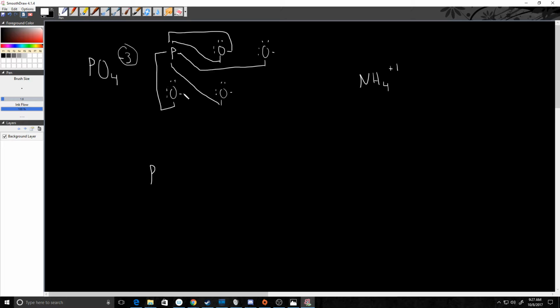So let's say I put an electron here, an electron here, and an electron here. Now these 3 oxygens look like they have 8 outer shell electrons. I'm just going to circle the ones I added here quick.